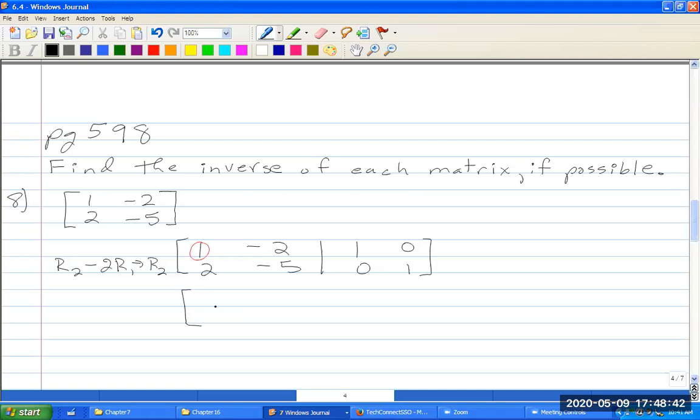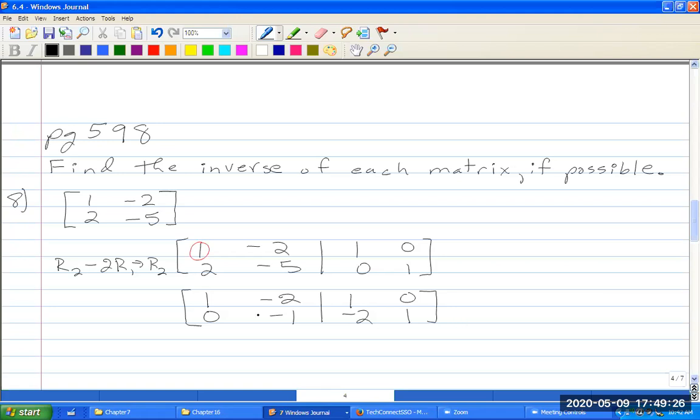So if I do that, I get 1 minus 2, 1, 0. I'll multiply by -2 and add to the second one. So 2 minus 2 is 0. -5 minus -2 times -1, -5 minus 4 plus 4 is a -1. -2 plus 0, -2. 1 minus 0 is 1.